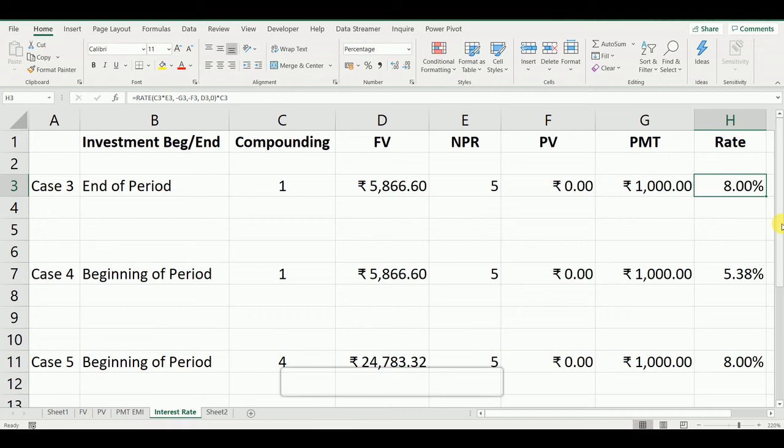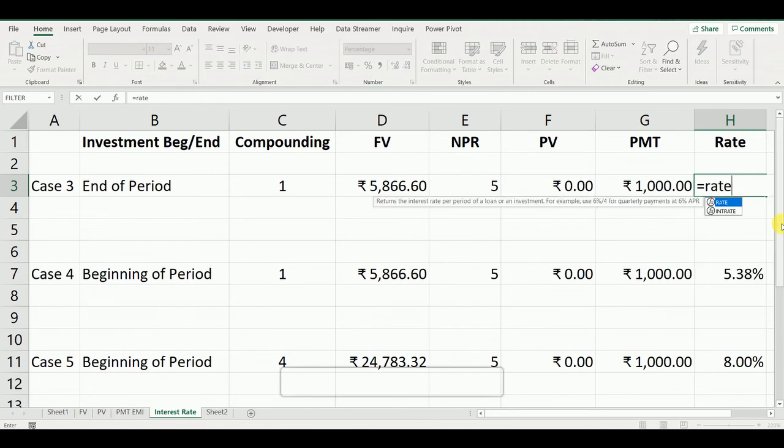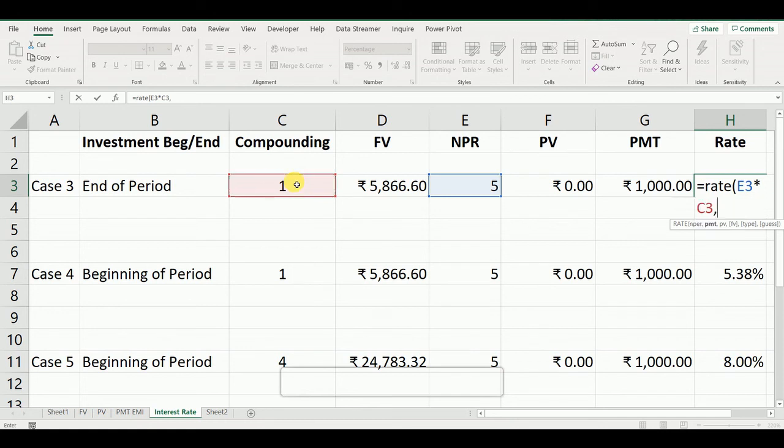So for rate of interest, the formula is rate bracket start, number of periods is 5 years just like in previous example, into compounding. Now PMT is our minus 1,000 and PV is our 0, so we will leave it blank.